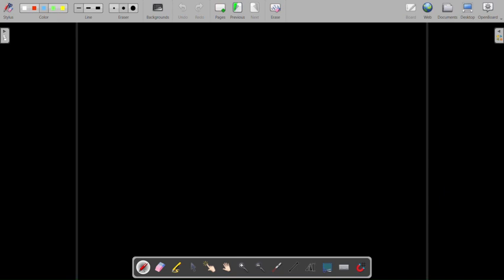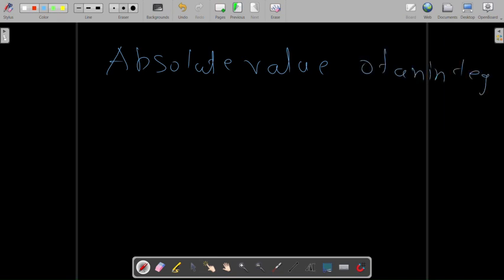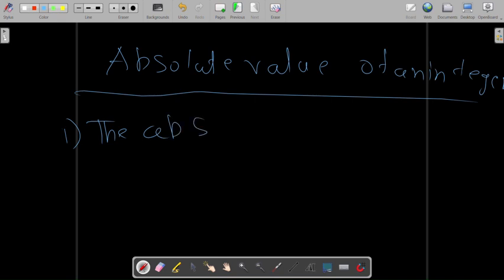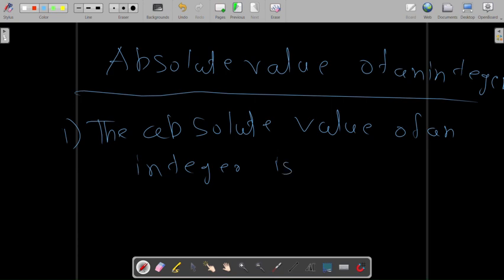Next topic is the absolute value of an integer. Let me first give the definition of it. The absolute value of an integer is its numerical value.